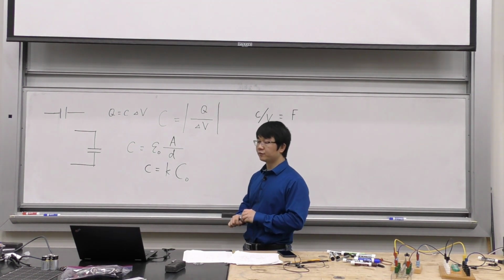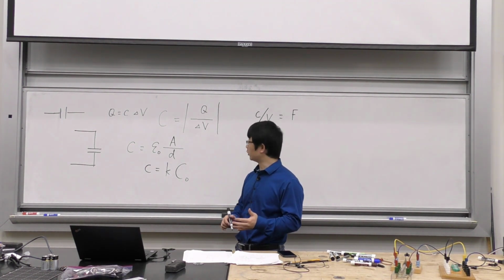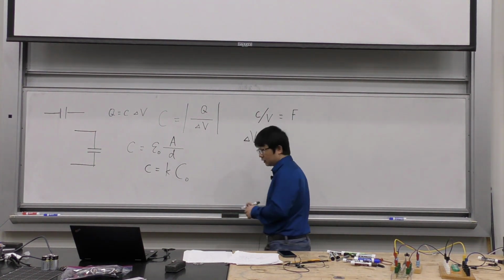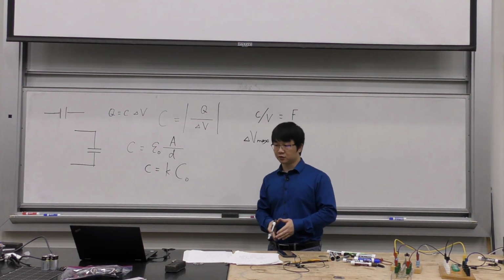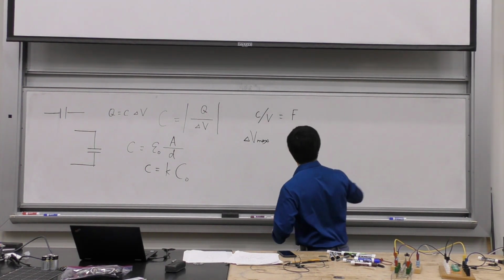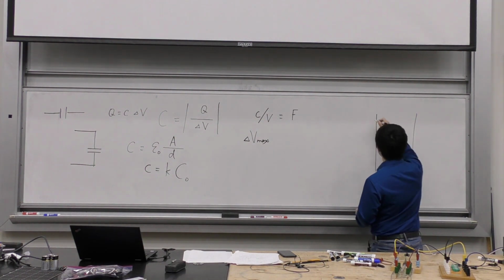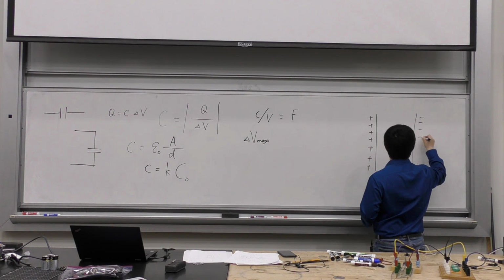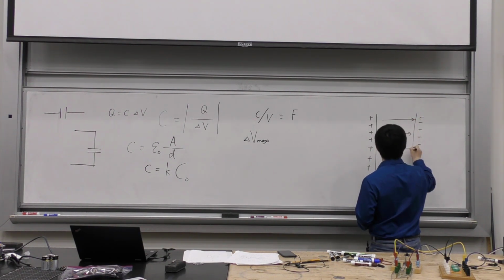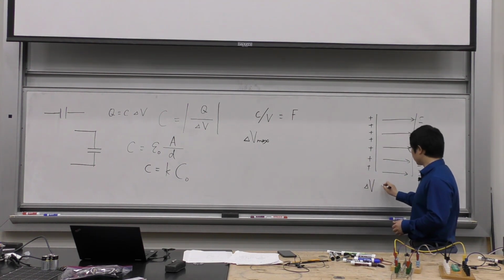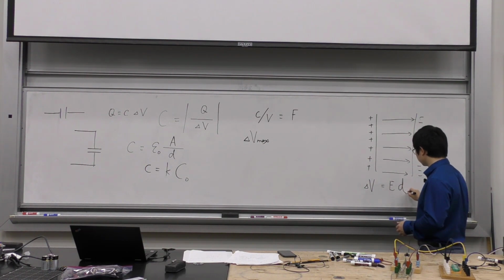Okay, then how do we find this breakdown voltage? That's just the V max this capacitor can take. If it's a parallel plate capacitor, we have a very nice equation connecting the potential difference between the plates with the electric field between them.